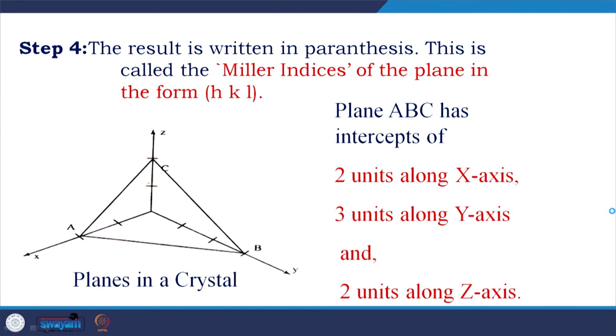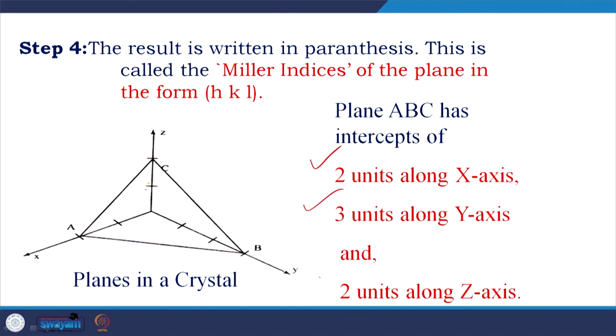So, if you see here, you get the planes, and this is 1, 2, 3, this is 1, 2 and this is 1, 2. So, along the x axis this is 2 units, 3 units along the y axis and 2 units along the z axis.